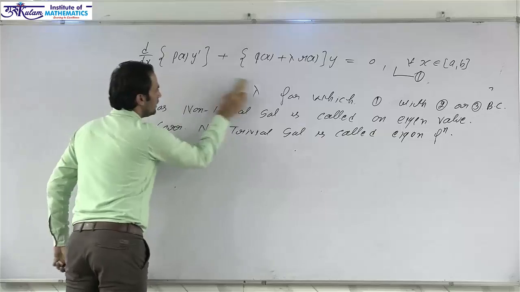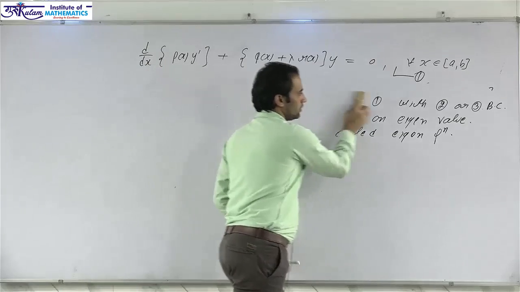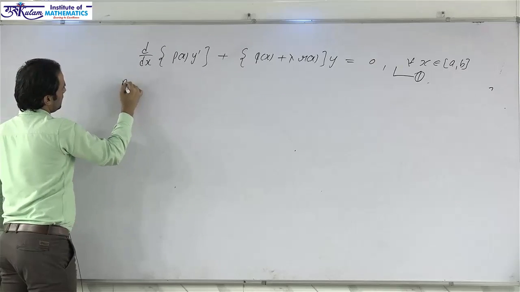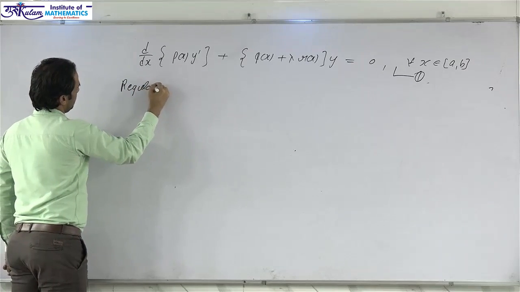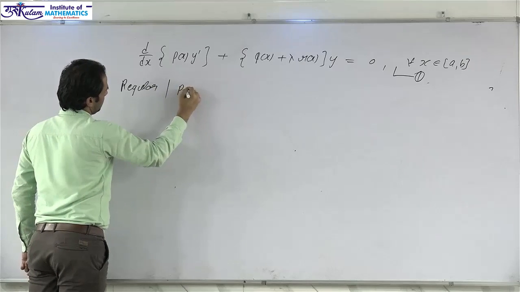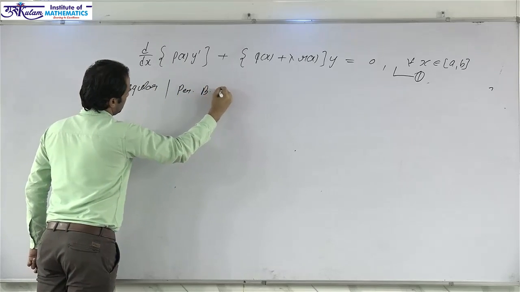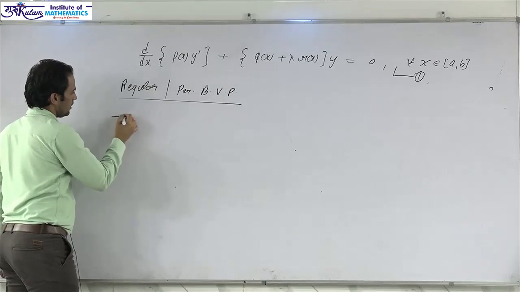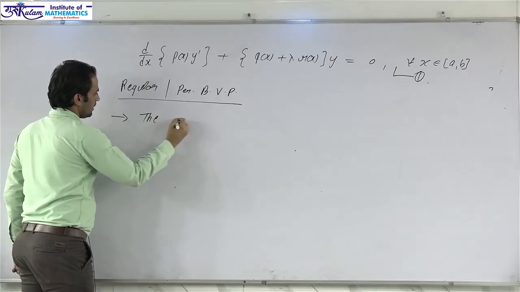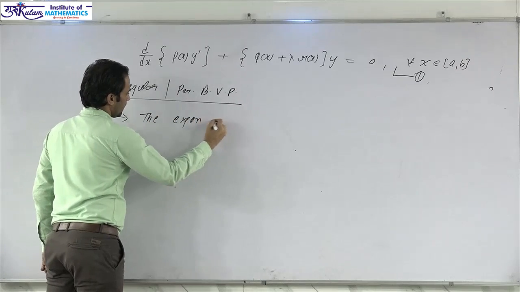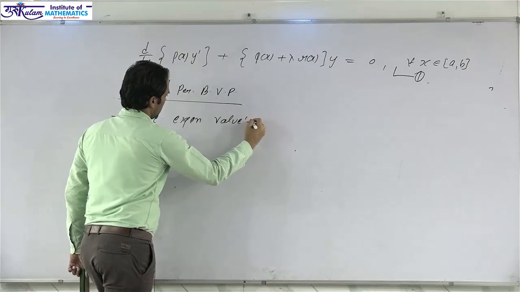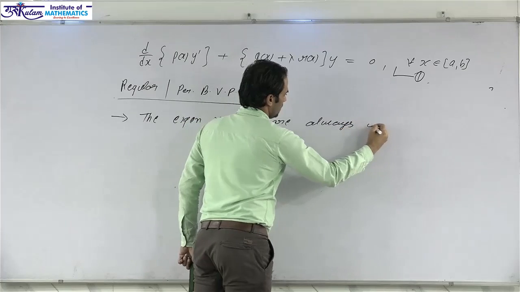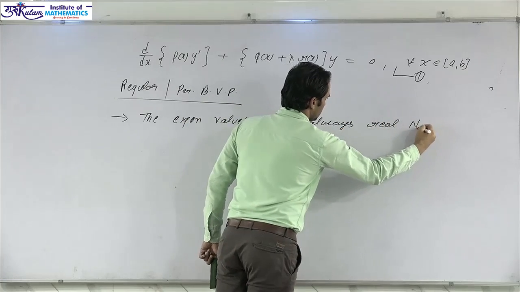So start with the general properties for both of the equations. If the given problem is a regular or periodic boundary value problem, in both of the cases, first, the eigenvalues are always real numbers.